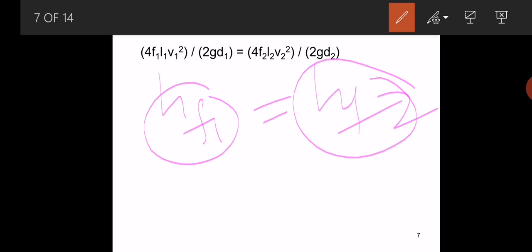From this, in Darcy's equation, 4f1 L1 V1 square by 2gD1 is equal to 4f2 L2 V2 square by 2gD2. Here f1 is the friction coefficient for pipe 1, L1 is the length of pipe 1, V1 is the velocity of pipe 1, and D1 is the diameter of pipe 1. The same applies for pipe 2.